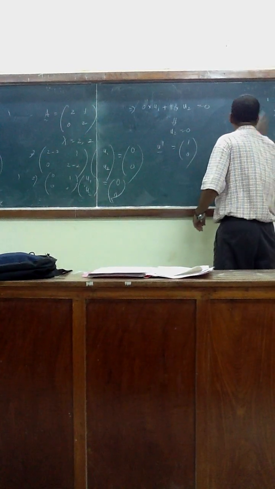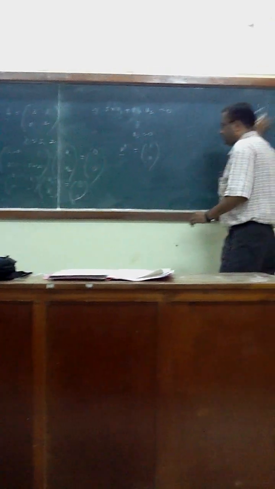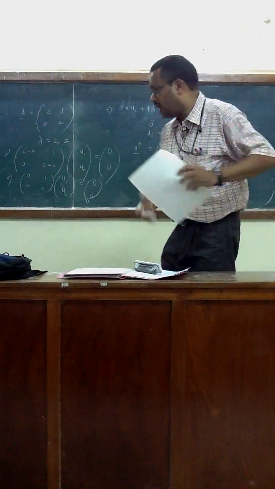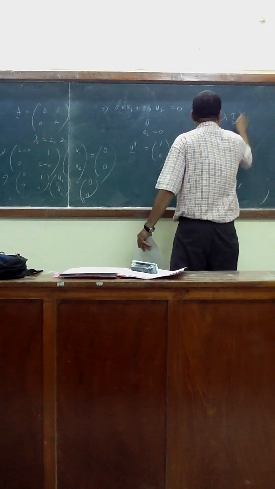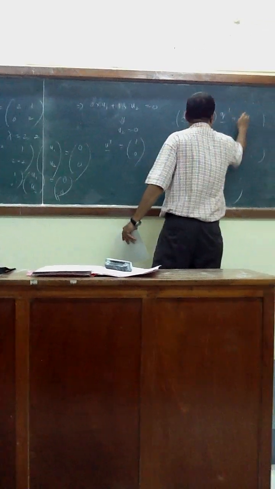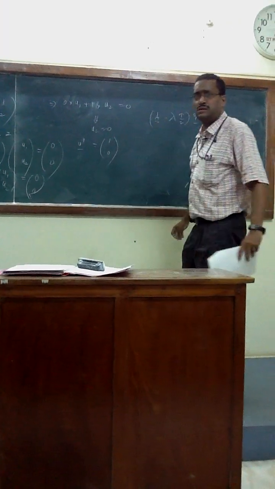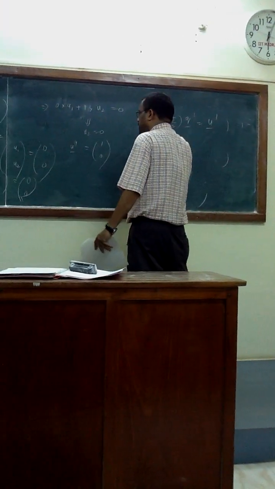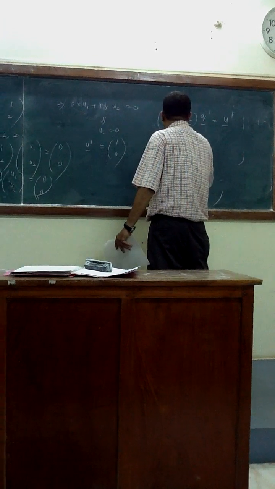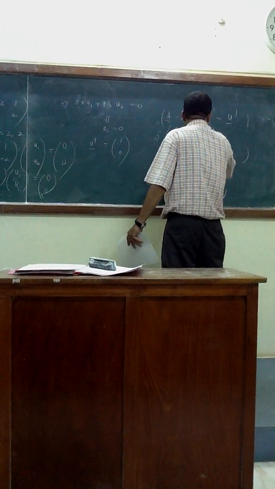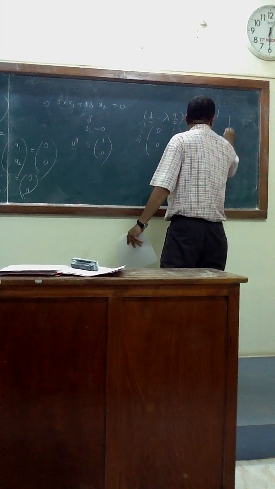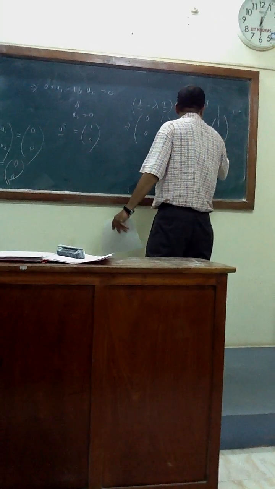So how to get the generalized eigenvector? A minus lambda I, q1 equals u1. What is that? 0, 1, 0, 0, times q1 1, q1 2, equals 1, 0. Am I correct?